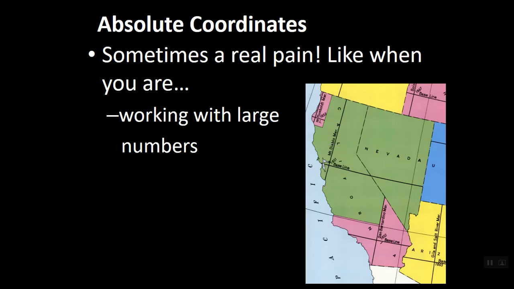So now, think about how many feet we are to the east of Mount Diablo, and then how many feet we are south of Mount Diablo. That's an awful big number to have to type out if we're trying to draw things using coordinates down here in Kern County, right? If we're working with gigantically large numbers and we're just trying to draw small things, absolute coordinates, again, are a pain.